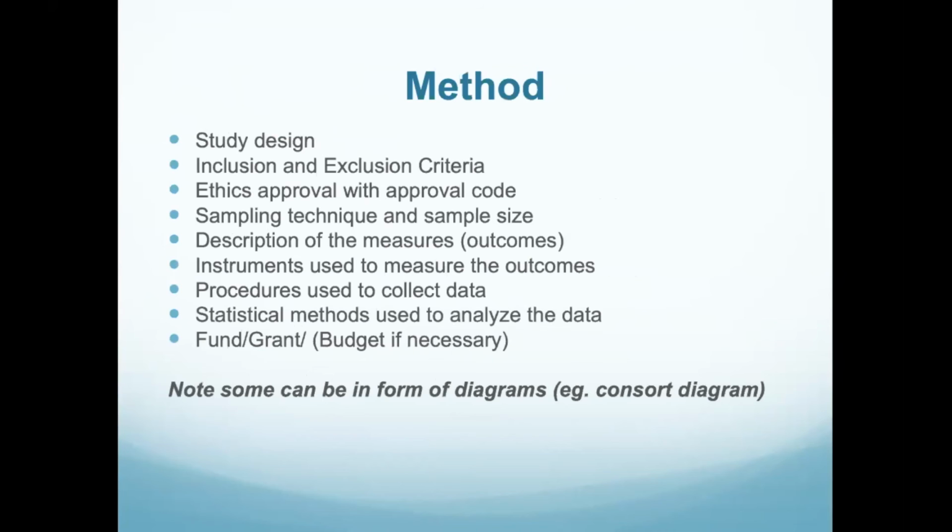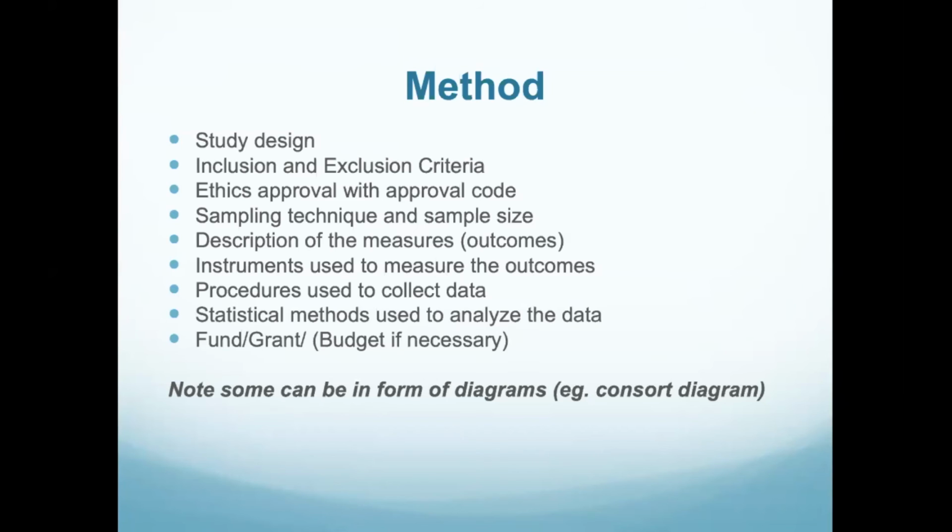And when it comes to the method itself, again, you must present your study design, the inclusion-exclusion criteria, ethics, sampling techniques, description of measures, the instruments you use. The instruments are basically how did you measure the outcomes and what were the procedures used to collect the data, as well as the statistical methods to analyze the data.